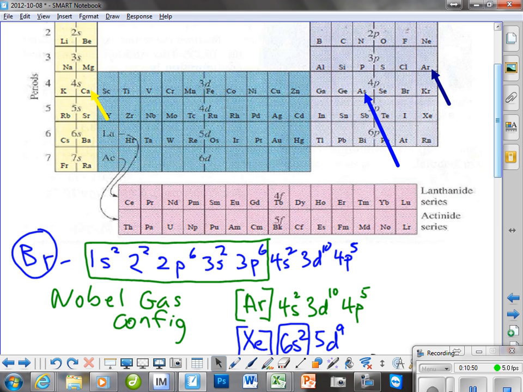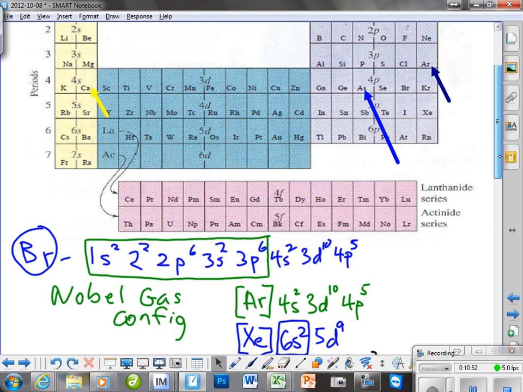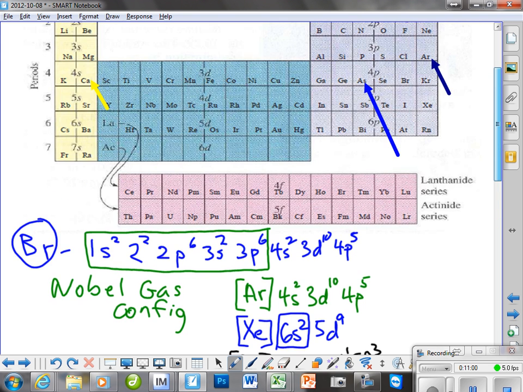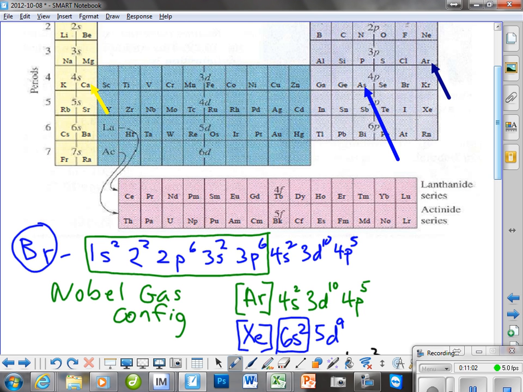So what's going to be next in our configuration? 4s2, yeah, 4s2, and after the 4s, what do we have? 3d10. You bet, we got that 3d, and we go all the way over to zinc because it's full.